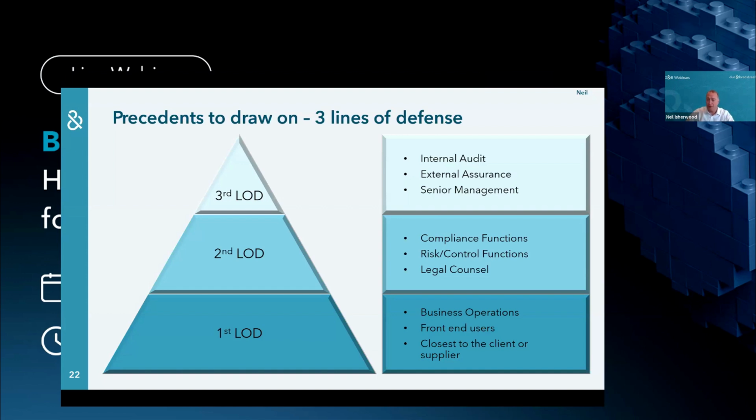And it could well be that those roles don't sit in one function. They could be split across different teams in different locations, which again moves into the importance of communication and training aspects.